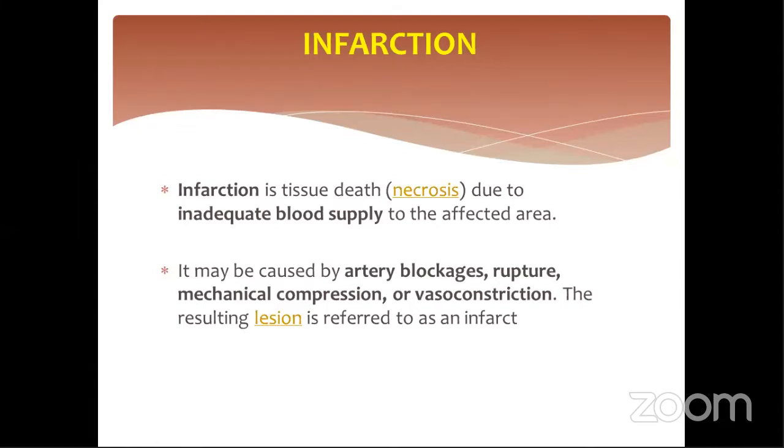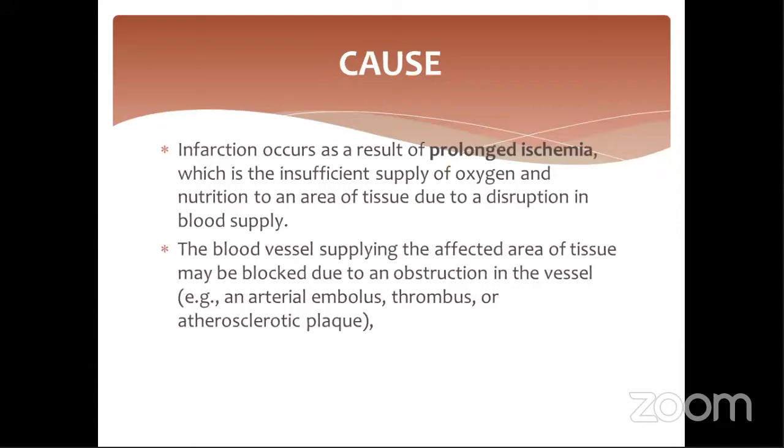Okay, so the next topic is infarction. Infarction is tissue death or necrosis due to inadequate blood supply to the affected area. It may be caused by artery blockages, ruptures, mechanical compression, or vasoconstriction. Infarction happens as a result of prolonged ischemia, which is insufficient supply of oxygen and nutrition to the area of tissue.